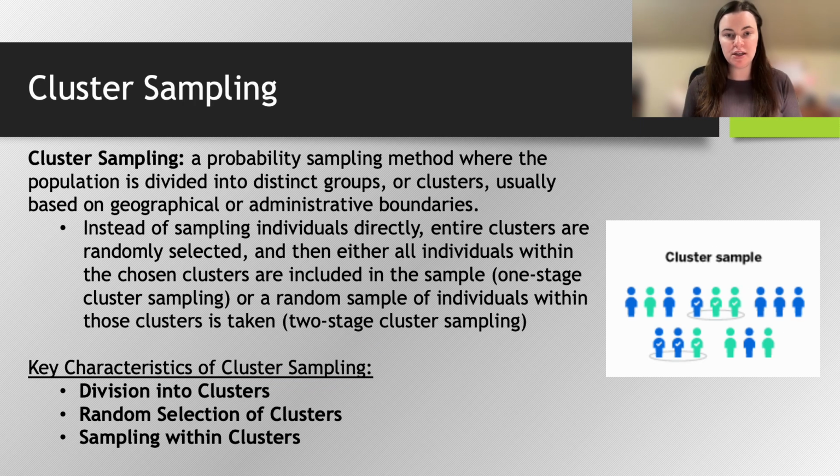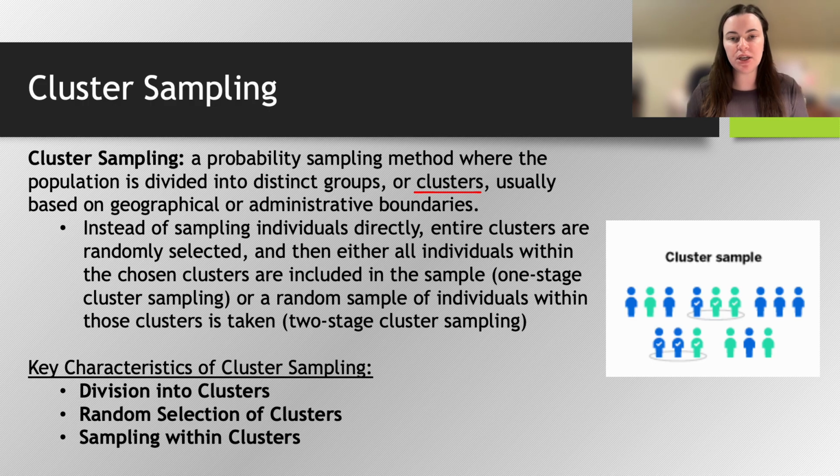The final probability sampling method that we will discuss is cluster sampling. Cluster sampling is a probability sampling method where the population is divided into distinct groups, which are also referred to as clusters. These are usually based on geographical or administrative boundaries.